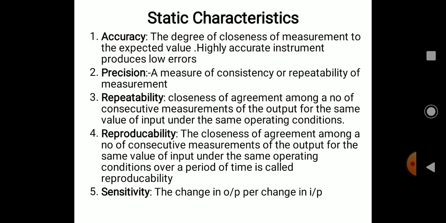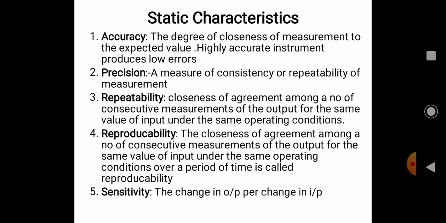Reproducibility means the closeness of agreement among a number of consecutive measurements of the output for the same value of input under the same operating conditions, with different operator, different time, over a period of time.